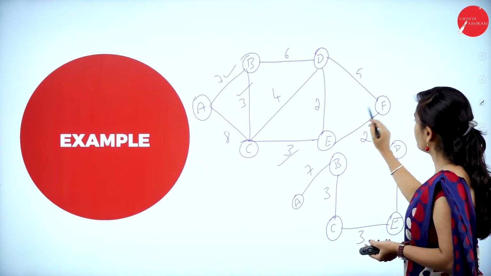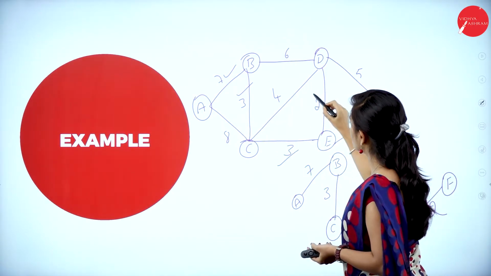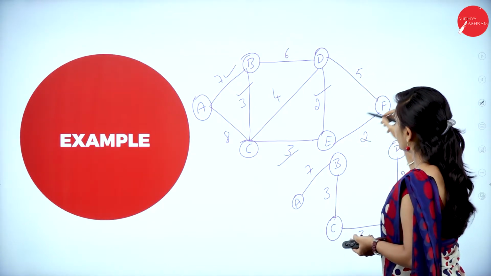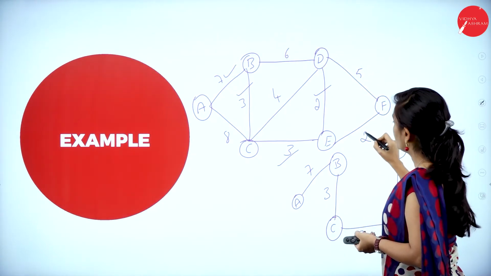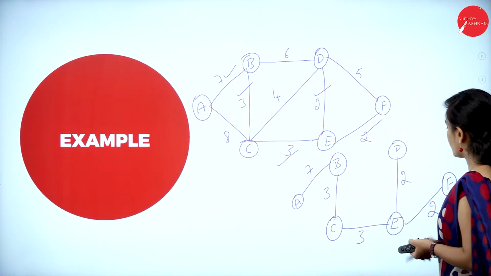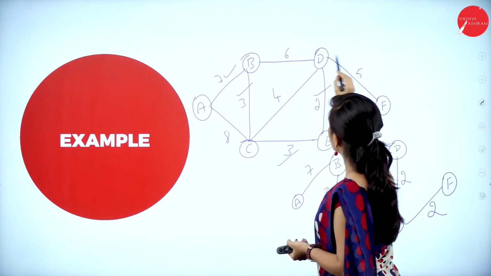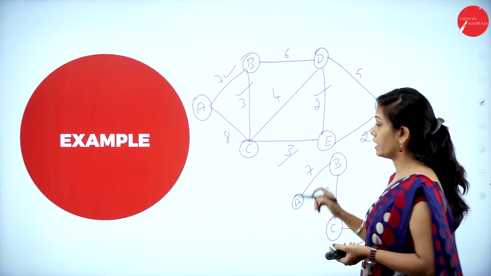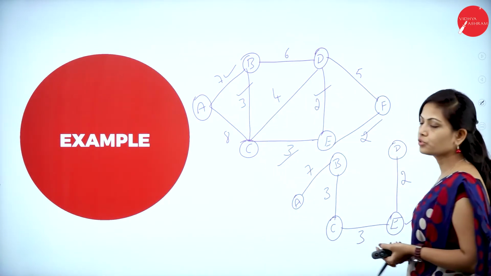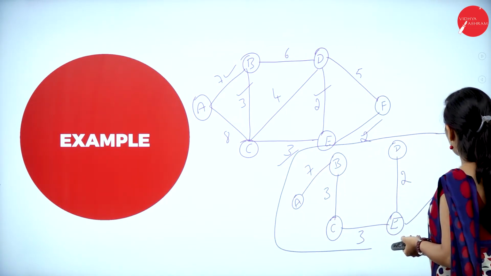D is connected to F and D is connected to E. Among these values, 2 is the least value I have selected, and E is connected to F. So, 2 is the least value, E to F is the least value. So, I have selected this edge. I have skipped 8, 4, 6, 5 and have selected the edges 7, 3, 2, 3 and 2. So, this is called Prim's algorithm.